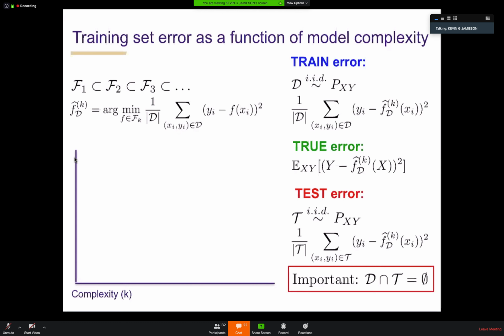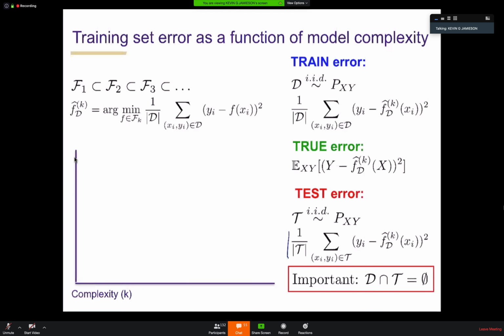Now what I can do is, given the f hat that I trained or learned using my training set, I can evaluate it on my test set. So I fit my function f hat x to the training set, and then I evaluate it on the test set to get a test error.